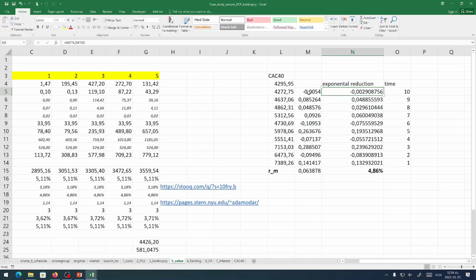And you can ask the question, why 0.94? The reason is that when this exponential smoothing was developed in the 90s by Goldman Sachs, they said that for annual data, this is the best fitting number.